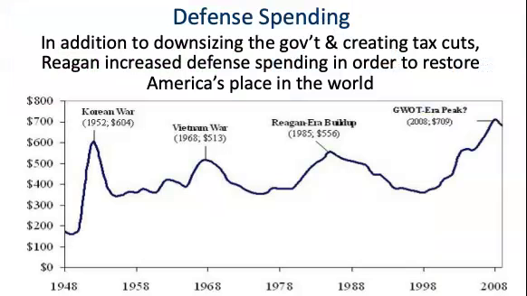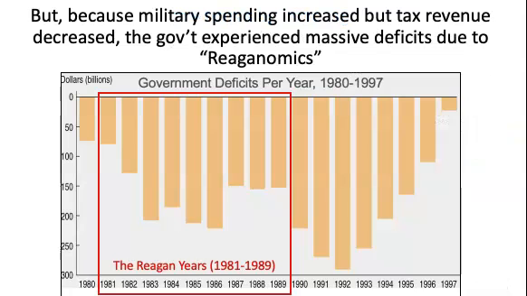Now, in addition to downsizing government and creating tax cuts, Reagan will increase defense spending in order to restore America's place in the world. However, because military spending increased but tax revenue decreased, the government experienced massive deficits due to this Reaganomics.